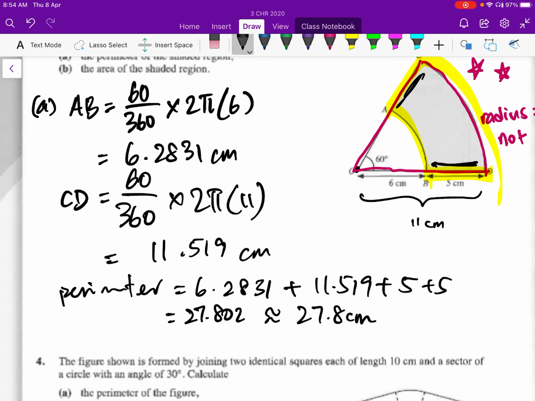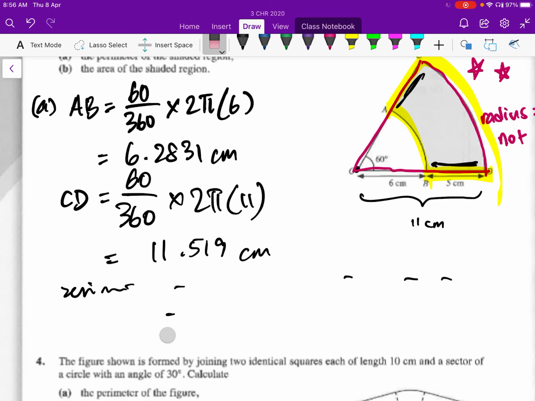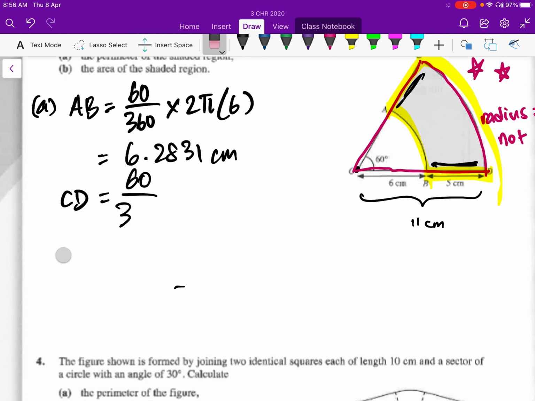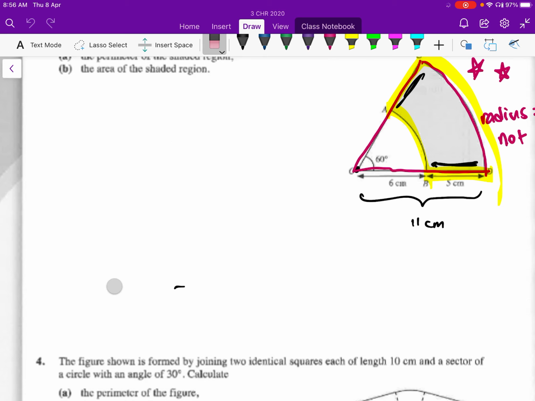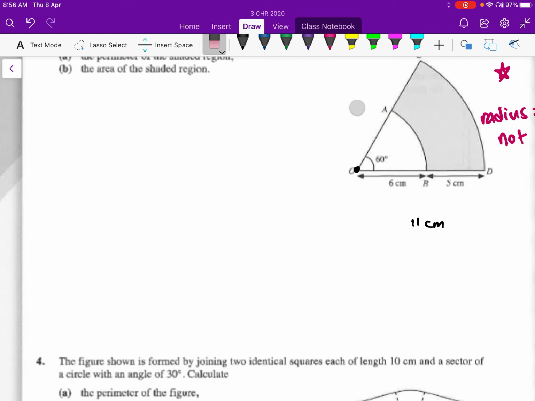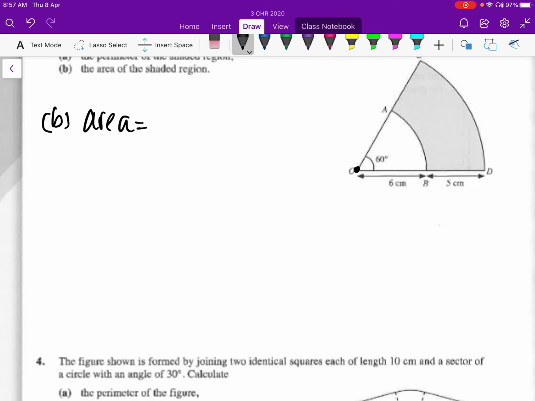Perimeter done. What about the area? How shall we find the area? So the area of the shaded region is just the big sector area minus the small sector area. Area will be 60 out of 360 times pi r squared.